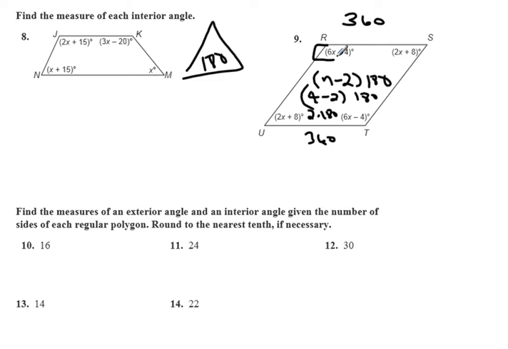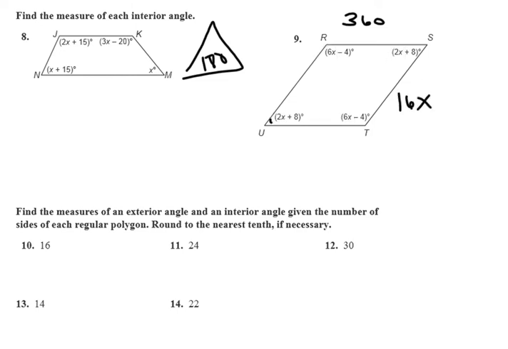So adding them all up, 6x plus 2x is 8x, plus 2x is 10x, plus 6x is 16x. Then I have a positive 8 minus 4, which is 4, minus 4, which is 0, plus 8, which is 8. That's adding all the angles, and now they equal 360 degrees.